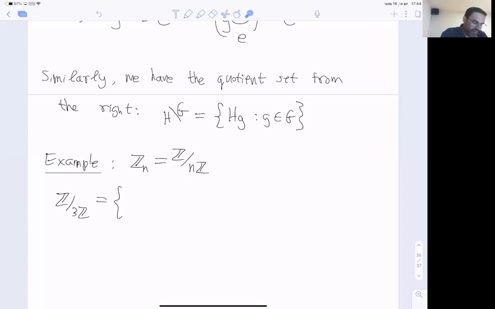What are the cosets here? You have the trivial coset, which is 3Z. This is our H, and this is our G. Then we have 1 plus 3Z, and 2 plus 3Z. That's all. If we go further, 3 plus 3Z is again 3Z.